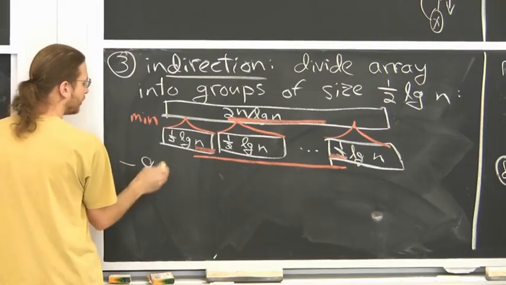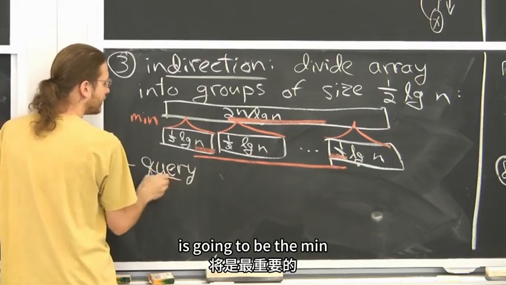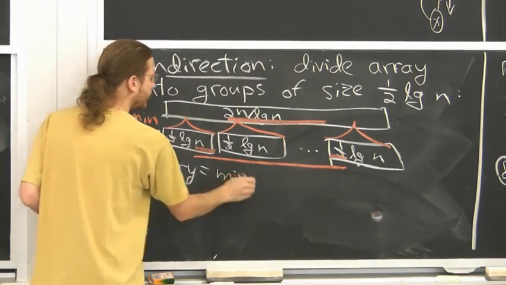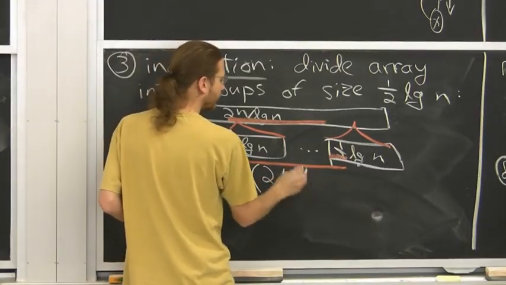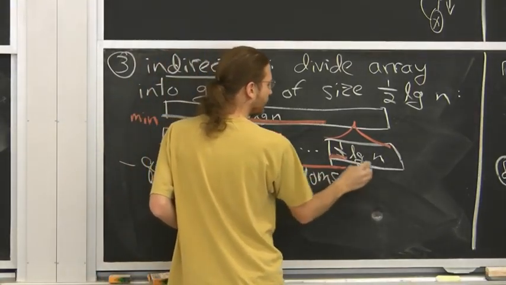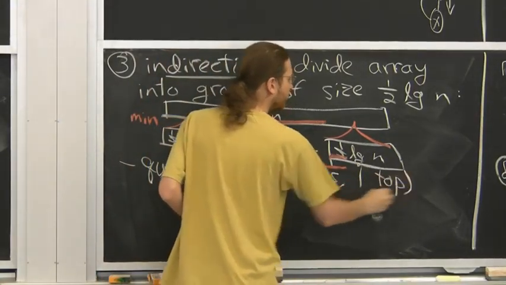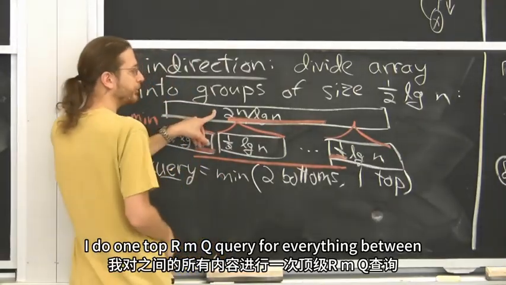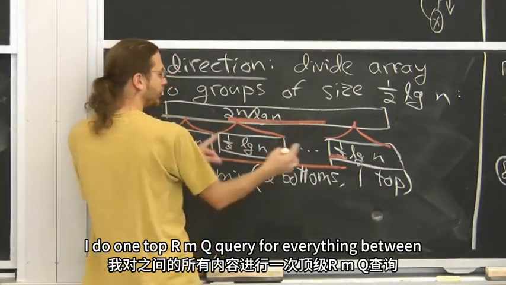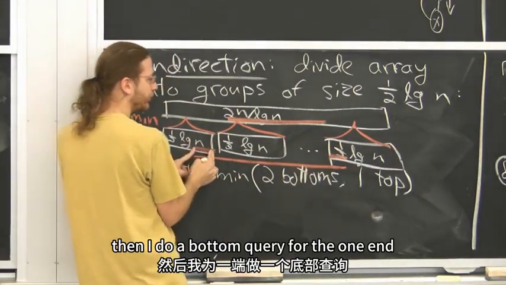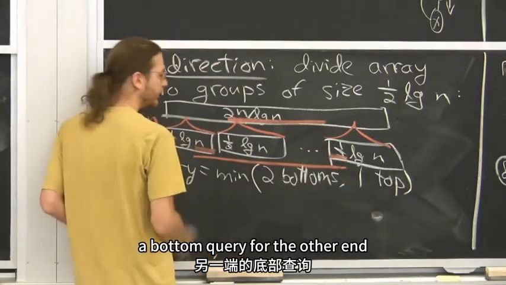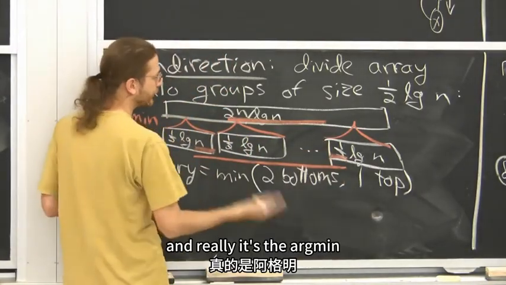So now a query is going to be the min of two bottoms and one top. In other words, I do one top RMQ query for everything strictly between the two ends. Then I do a bottom query for the one end, a bottom query for the other end. Take the min of all those values, and really it's the argmin.